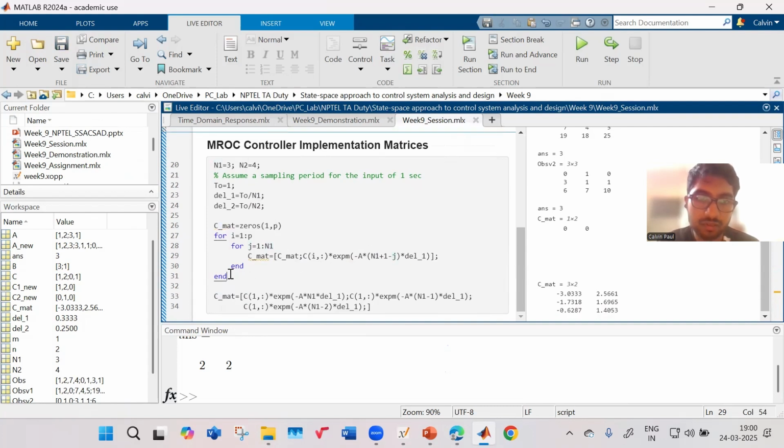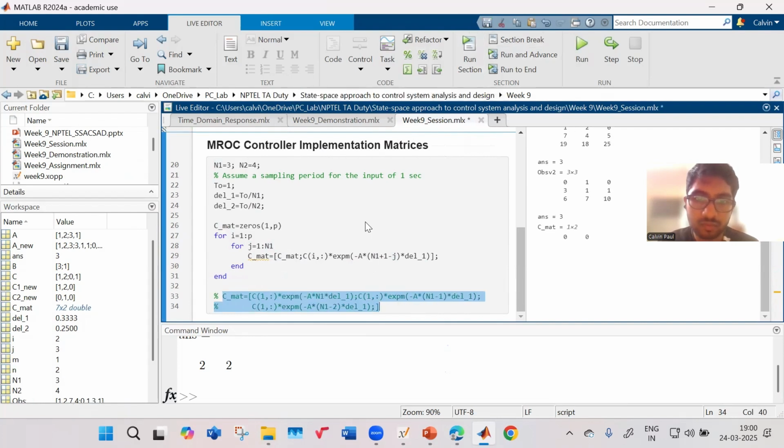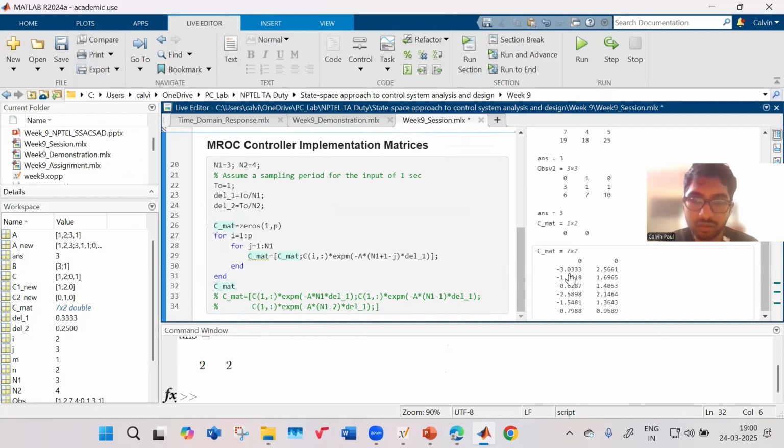Let's check this. So what is the overall C matrix? 1, 2, 3. So once it goes with this, a little bit out, a little bit over.